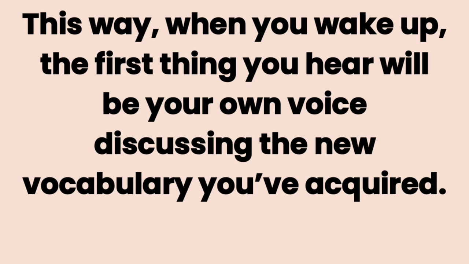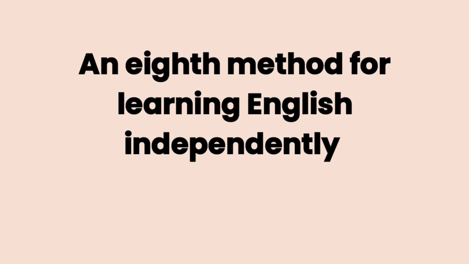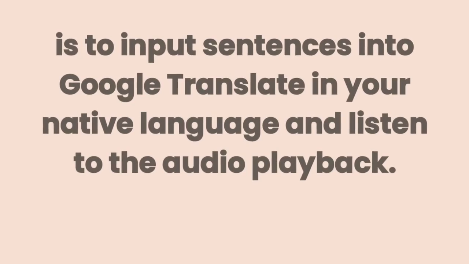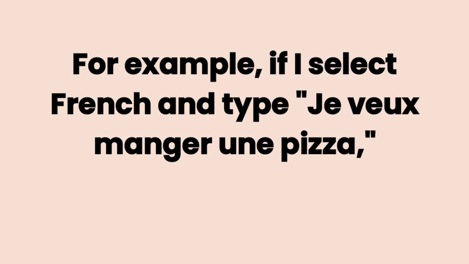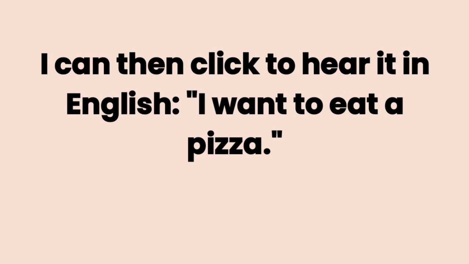you've acquired. An 8th method for learning English independently is to input sentences into Google Translate in your native language and listen to the audio playback. For example, if I select Arabic and type "Uridu and akil bitsad," I can then click to hear it in English.